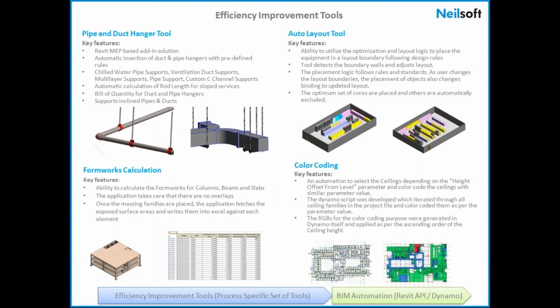So now, with BIM process standardization, content development and content management, we are moving on to the efficiency improvement tools. This is where, using Revit API, Dynamo, or a few other technologies, we can help in developing tools which are part of your BIM process, and they essentially help to improve your efficiency and productivity.